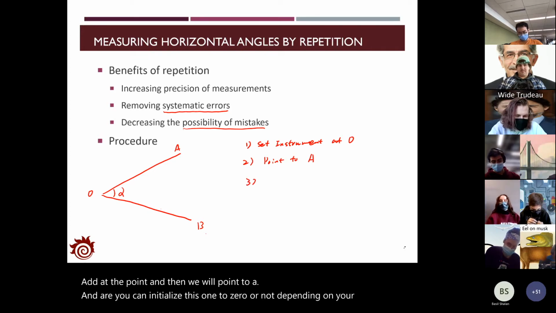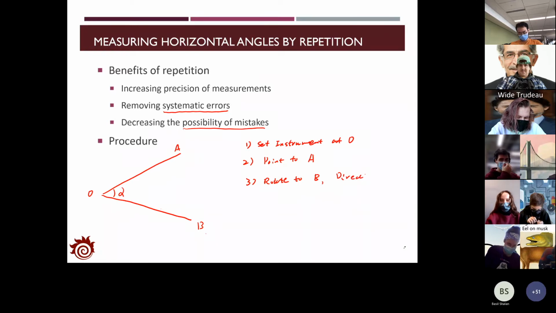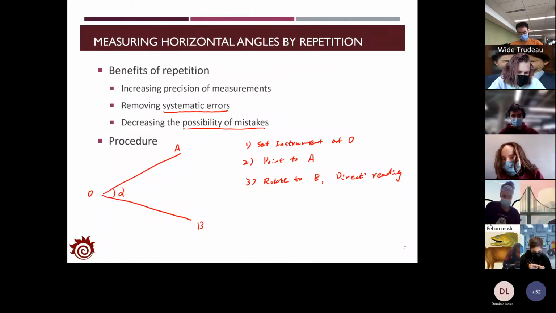And then you will start the recording and rotate it to B. You have the direct reading from the instrument. That will be the first measurement of the angle alpha.